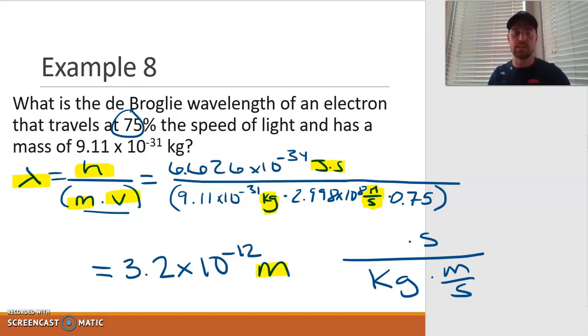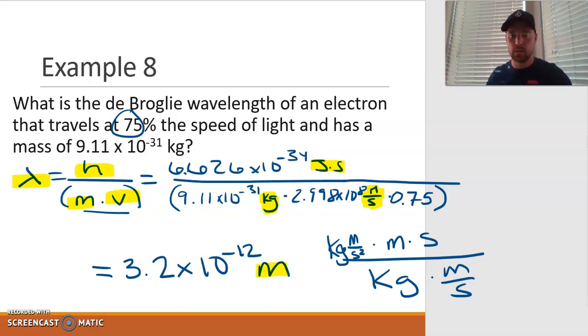The joule is actually a Newton times a meter, which even the Newton is a derived unit. So the Newton can be further broken down into a kilogram meter per second squared.